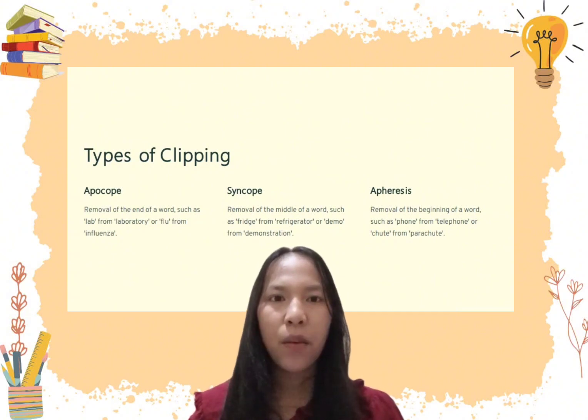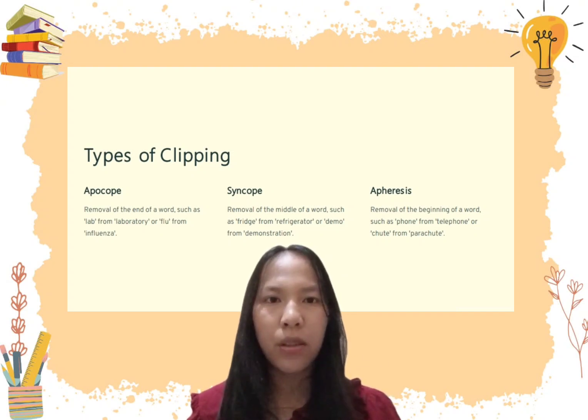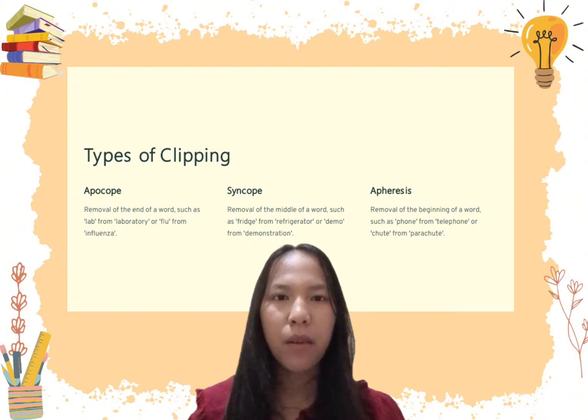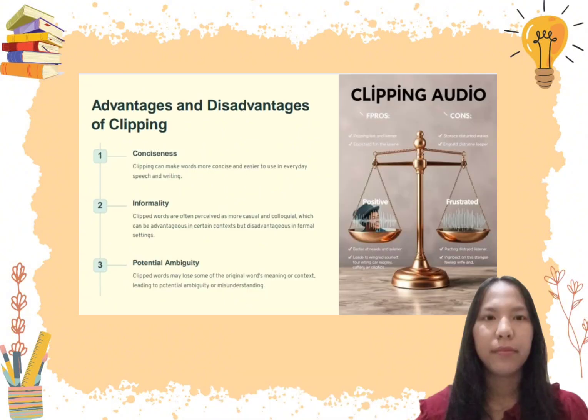For instance, fridge comes from refrigerator and demo comes from demonstration. Number 3 is aphesis. Here, the beginning of the word is removed. For example, phone comes from the word telephone and coon comes from raccoon.